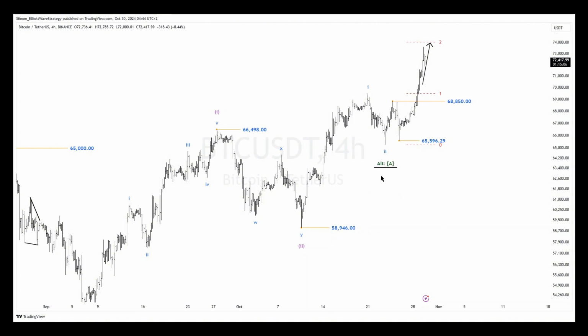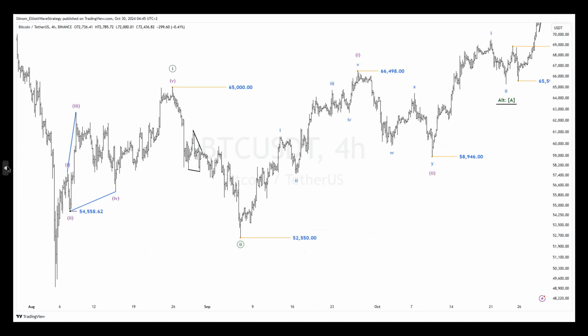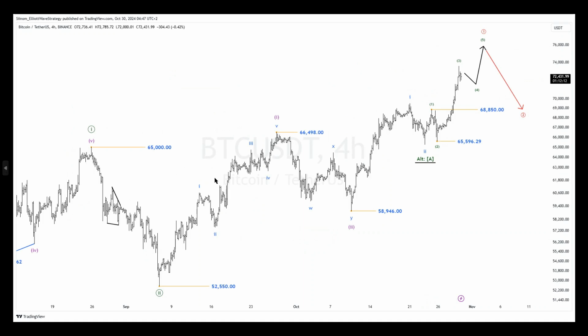This can be wave A of an expanded, or let's say running flat, for example, because that's also possible. If you look here, we have the 2.0 Fibonacci level, of which this price area does still qualify to be a flat. But that is not where my bias is right now, or where I would bet on Bitcoin. I think we're still going to see new highs.